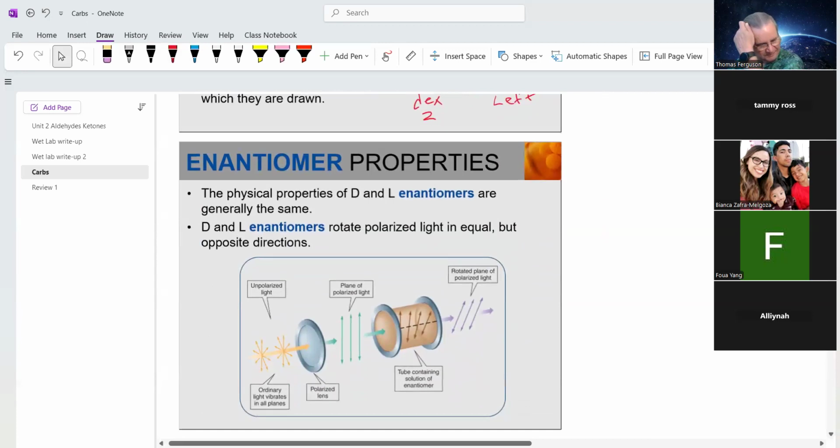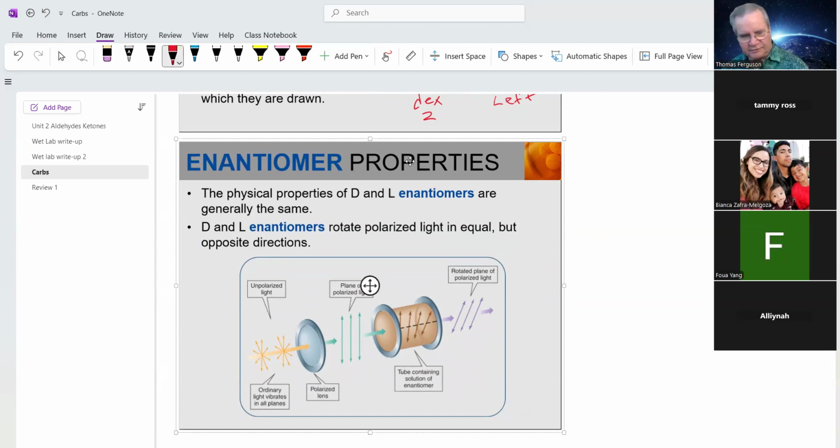Another interesting thing about carbs is they will actually rotate the light if they're a D or L version. They'll usually go to the left or the right. And the degree by which they turn the polarized light is a function of its concentration.